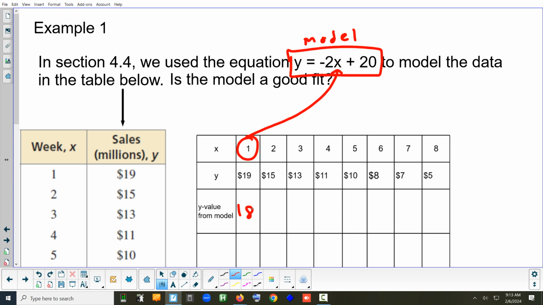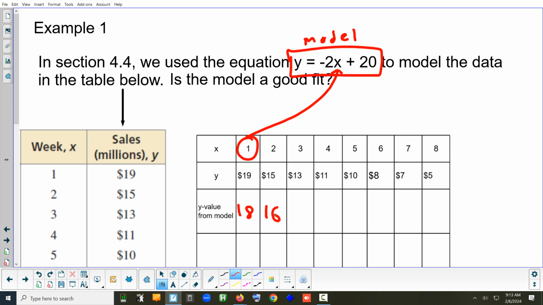Let's do the next one. Plug in 2. What's negative 2 times 2? Negative 4. And what's negative 4 plus 20? 16. So the formula predicted the sales should be 16. The data said that the sales were really 15. Was the prediction close? Yeah, that's pretty close.